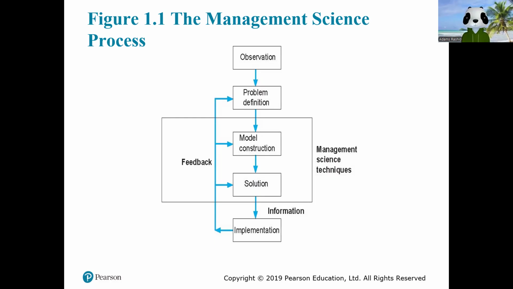So through this observation, you identify a problem. You are observing in order to what? Identify a problem. So first stage is observation. Second stage is what? Problem definition after your observation.